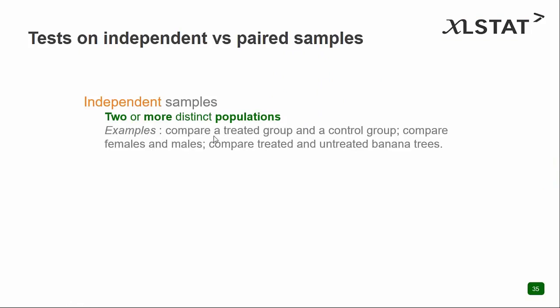For example, when you compare a treated group and a control group, or females and males, or treated and untreated banana trees, or trees submitted to fertilizer A and trees submitted to fertilizer B. Each individual cannot be found in more than one sample or group. So in our example, we don't have any banana tree submitted to both fertilizers.